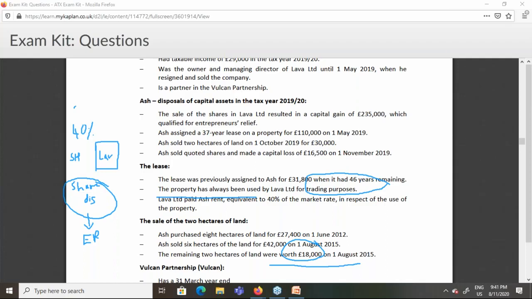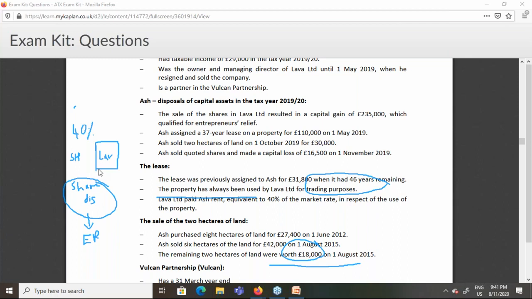Now what has happened? He has decided to leave this company by selling the shares in Lava Limited. At the same time, he has realized there is no point in allowing Lava Limited to use his leased premises at a rate of 40% of the commercial rate, which is not favorable to him.